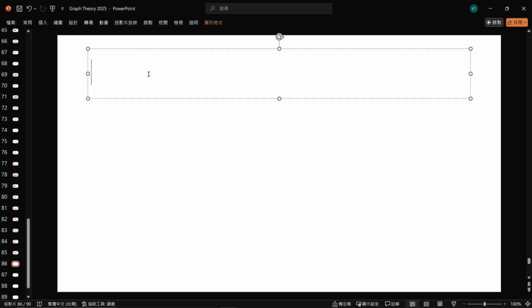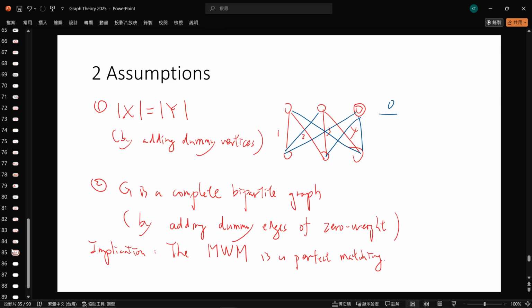Before I tell you the algorithm, recall that in the previous algorithm for the maximum matching problem, to show that the matching we have is the best, we have to create some upper bound. In that case, we consider vertex cover. Similarly, for this problem, we have to consider an upper bound.